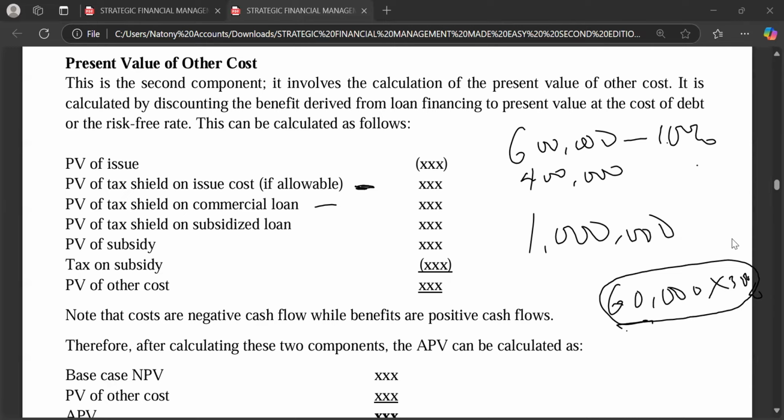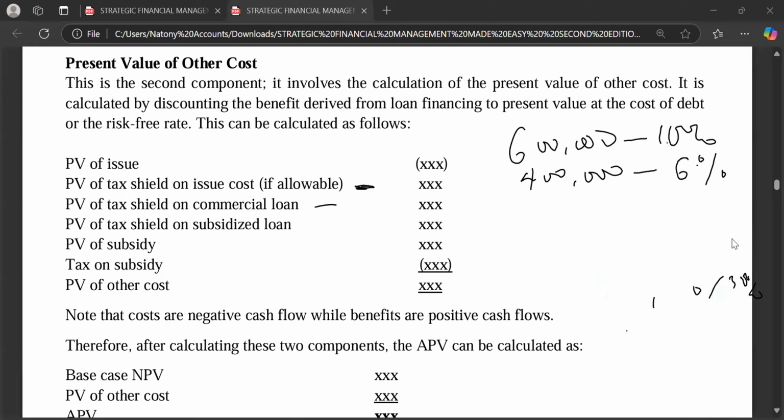For the subsidized loan, it is a loan that is basically given by the government for companies investing in a preferred sector. So the government can decide to give a loan lower than the incremental rates, say at 6%. So there's a subsidy element in this loan because the company can borrow at 10%, but the company is now getting the loan at 6%.